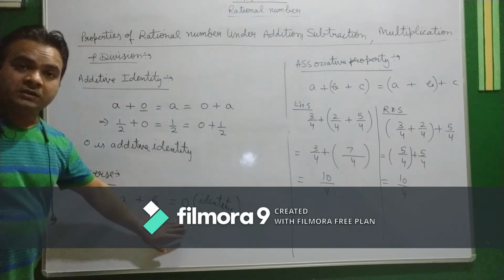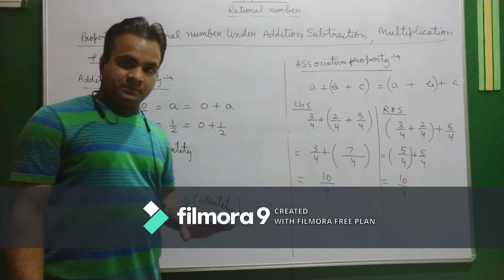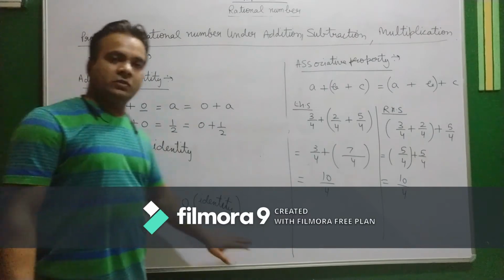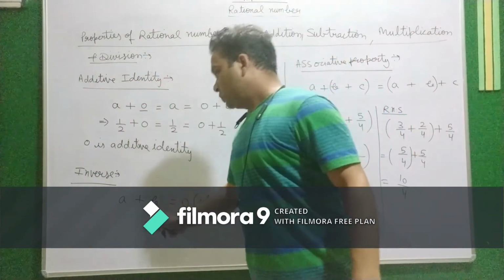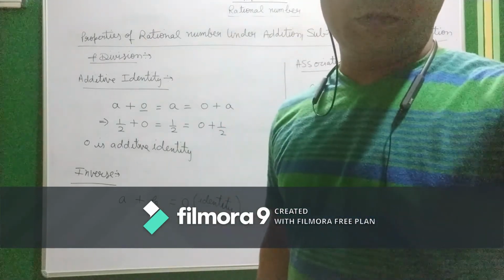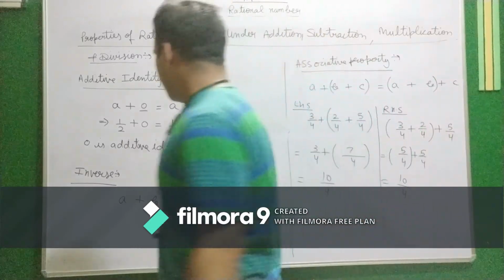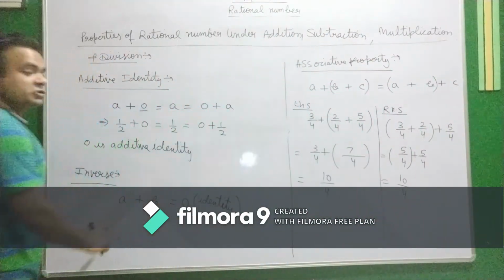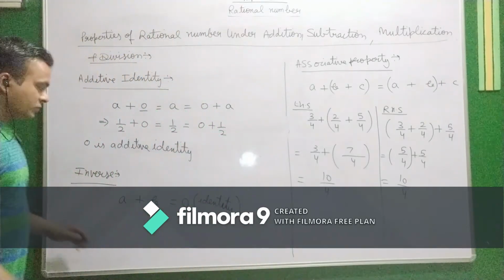By adding two rational numbers, if we are getting 0, then we can say that these two numbers are inverse of each other.